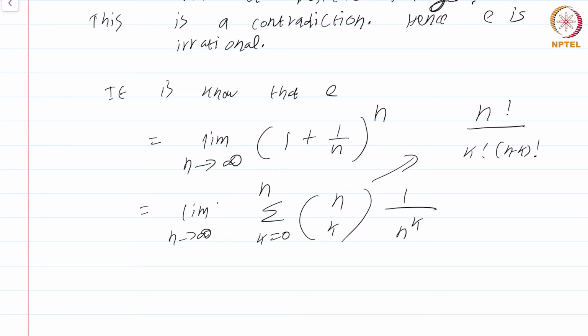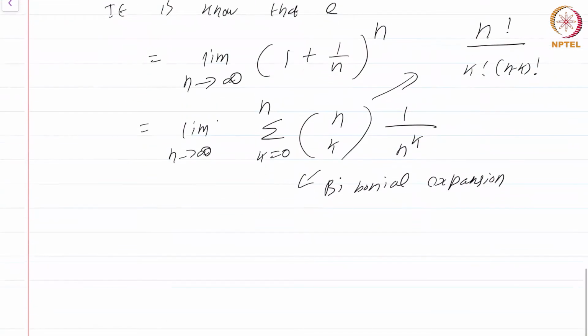Okay, this is just the binomial expansion. I'm just using the familiar binomial expansion, writing out what 1 plus 1 by n the whole power n is. Now this is interesting. We got some summation, but it doesn't look very similar to what we have, but given that there is n choose k which involves factorials, there is some hope.